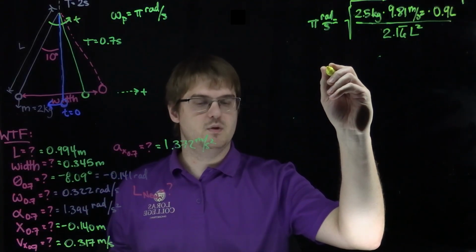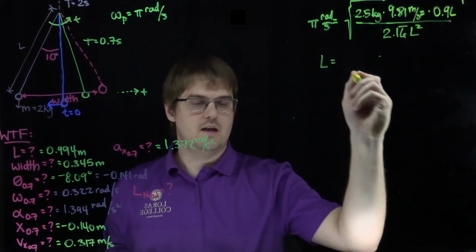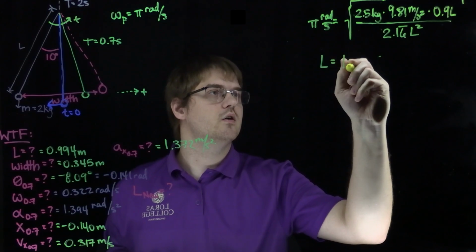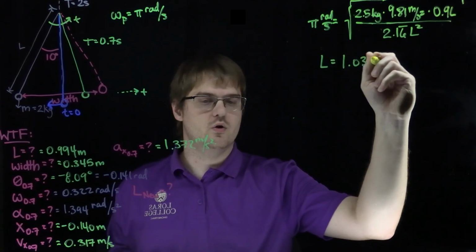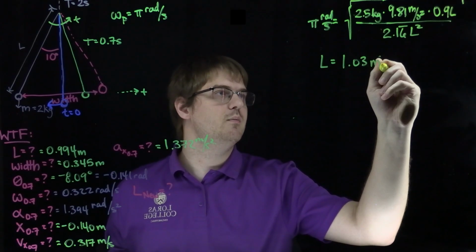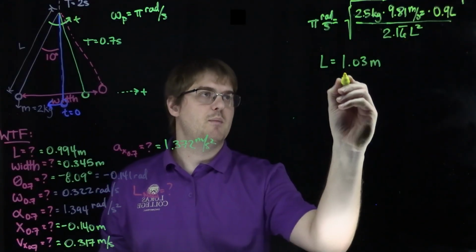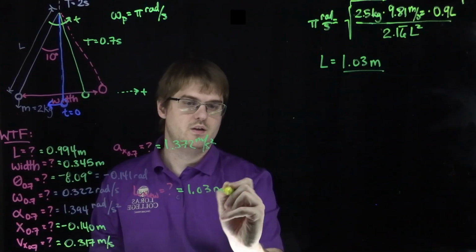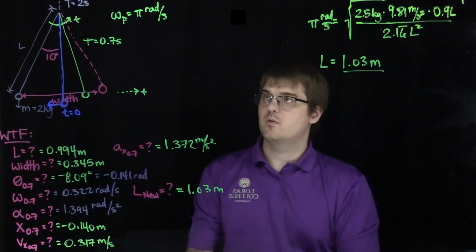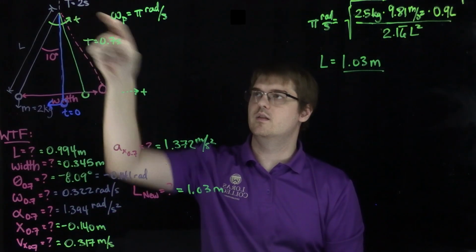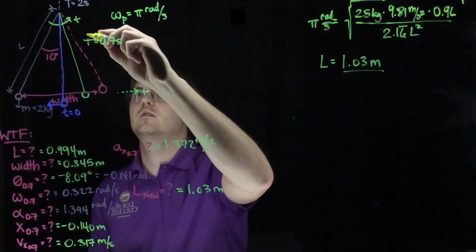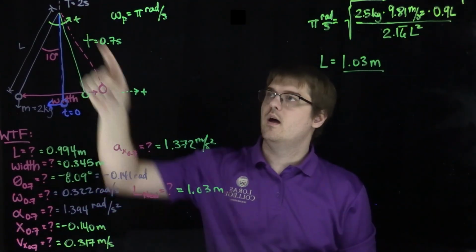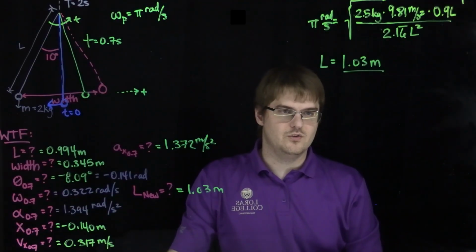And that tells me that this length now actually has to get longer. I need a total length of 1.03 meters for my pendulum in order to make my grandfather clock move in such a way that my period, this is not period, that's time, that my period is 2 seconds.